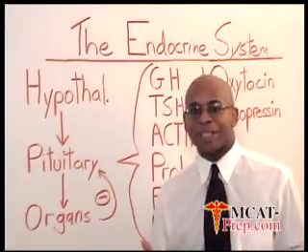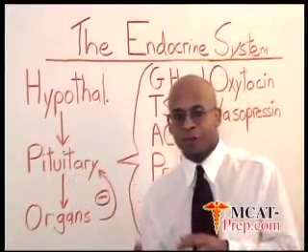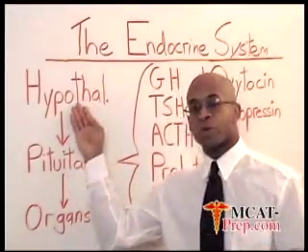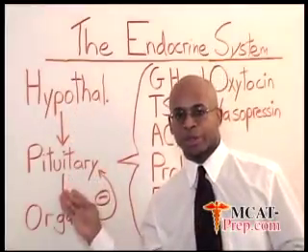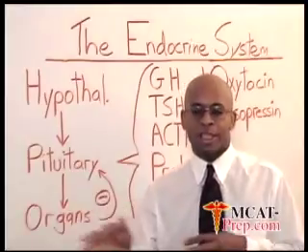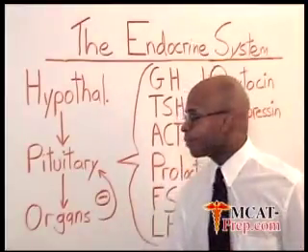But it has since been determined that the hypothalamus has many releasing factors, which means hormones released from the hypothalamus that will influence the pituitary gland and influence what types of hormones the pituitary gland will be releasing.